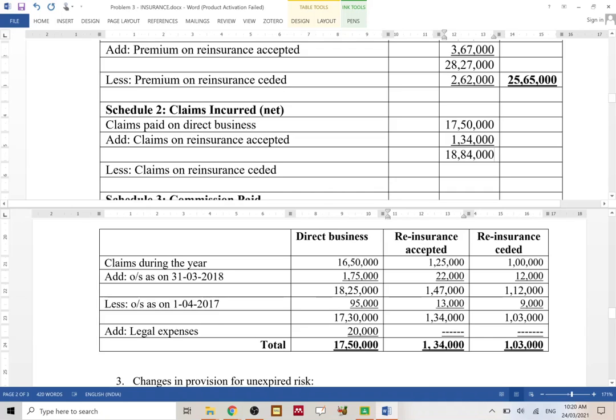And from that minus ceded, which is 1,03,000. Outer column, how much do we have? 17,81,000. Okay, 17,81,000 is the total claims incurred.